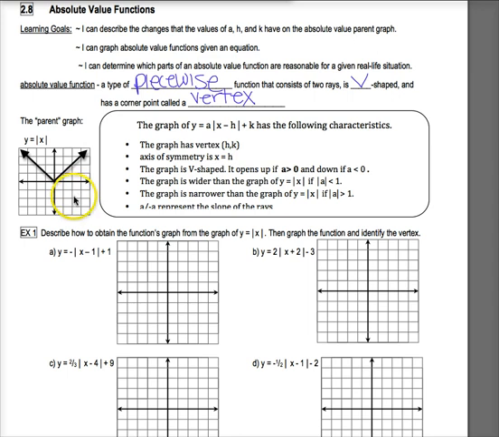Parent graph is a term that we are going to be using probably for the rest of your math career, but definitely in Algebra 2 and pre-calculus for sure. The parent graph means basically the simplest version of that type of equation. So for the absolute value graph, the simplest absolute value graph that you could have is y equals the absolute value of x right here.